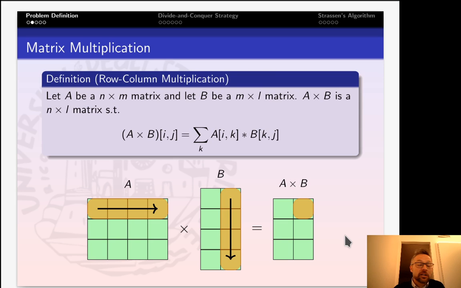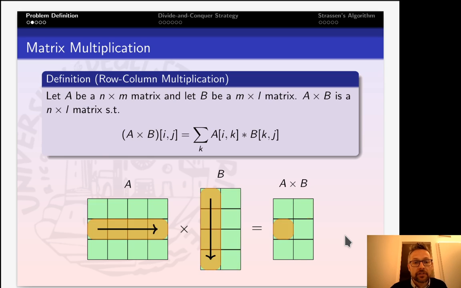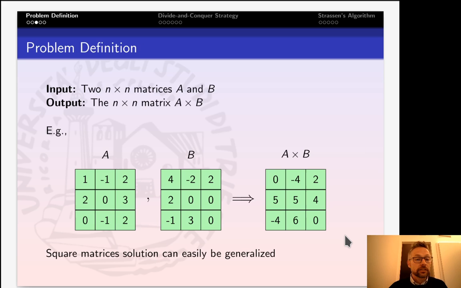Probably almost all of you already saw this row-column multiplication in secondary school, and for sure you already saw it during the first degree. Okay, this is all I want to say about this type of multiplication.